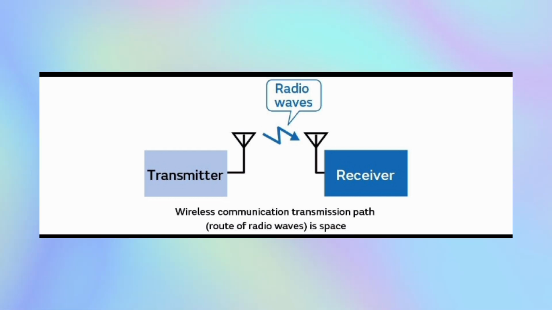Radio waves: transmitter and receiver. The transmitter transmits the signal, and the receiver receives the signals. That is radio wave communication.